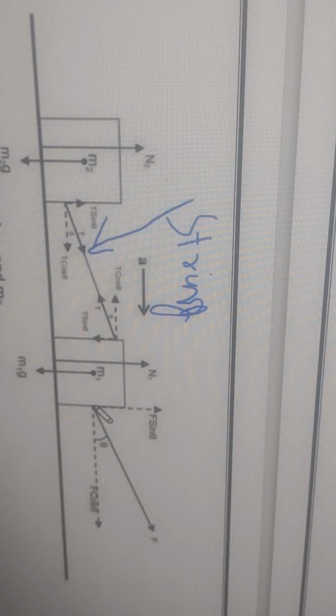They have been pulled in this inclined direction, and the string is also in the inclined direction. One body is attached to the second body with an inclined string. The string is inclined at an angle of theta, and the string is pulled at an angle of theta to the horizontal. This is theta.